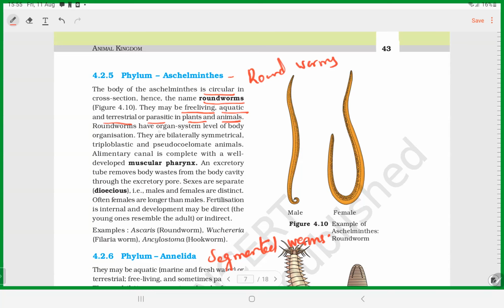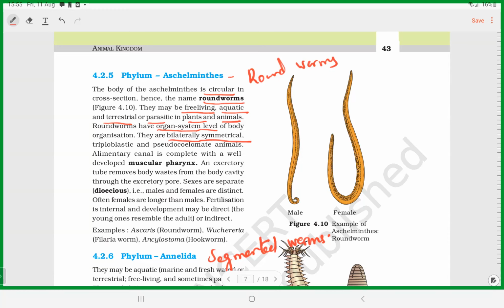And then they show organ system level of organization. Aschelminths show organ system level of organization, and then they show bilateral symmetry. Bilateral symmetry means that if you cut at one angle, you get two equal halves. So left, right, or whatever.